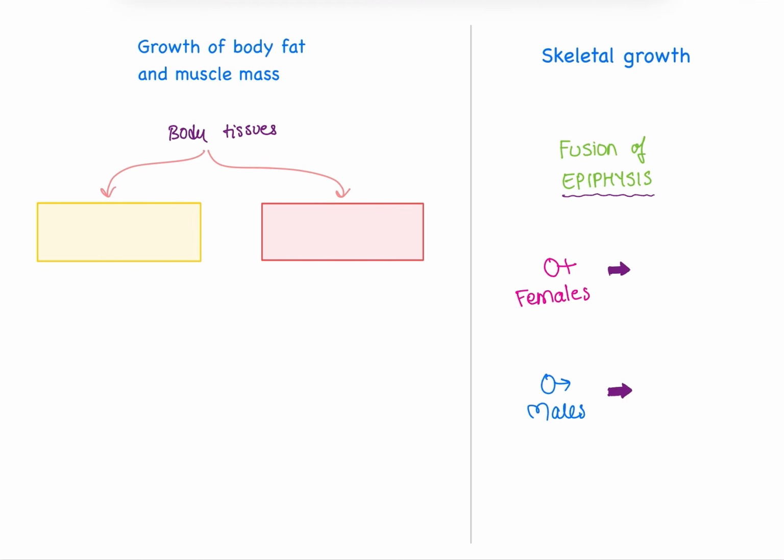So growth of body fat and muscle mass. Body tissues are divided into fat and fat-free components, that is lean. So fat component is more in girls than boys. Fat-free or lean component is more in boys than girls.